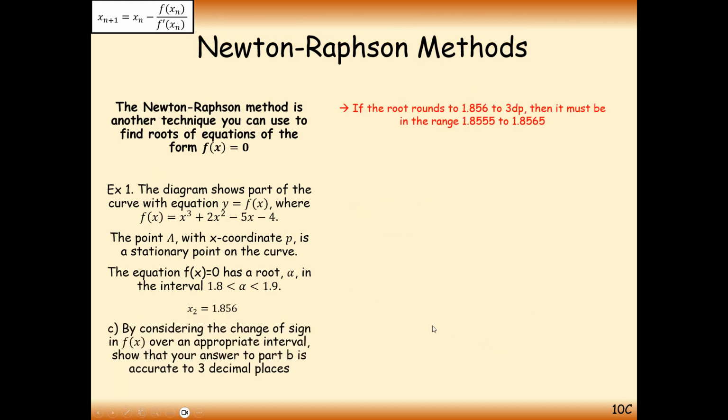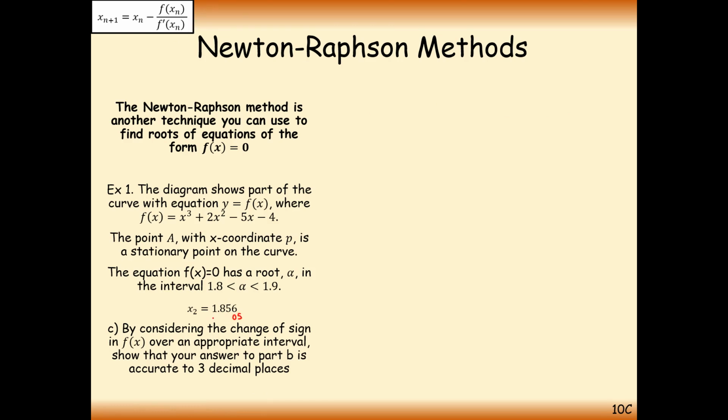In part C of the same question, we are told, by considering the change of sign in f of x over an appropriate interval, to show that the answer to part B is accurate to 3 decimal places. Therefore, we are to pick numbers to 4 decimal places.